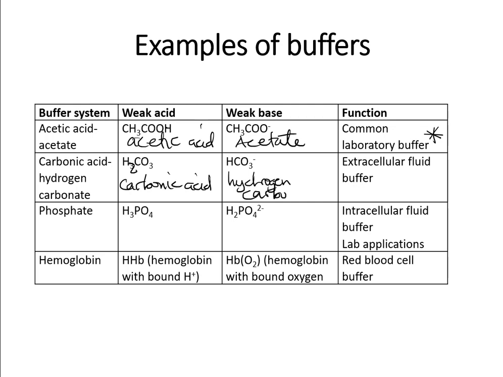So it's carbonic acid, hydrogen carbonate buffer. This one is used in the body like extracellular fluid, like in the blood, so you have this buffer to deal with the pH changes.